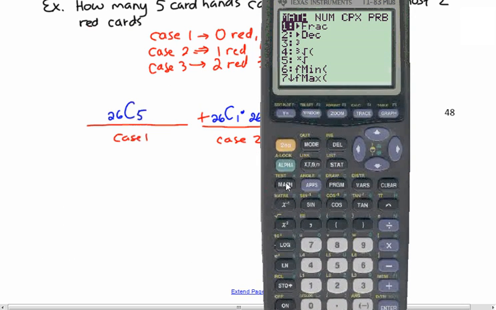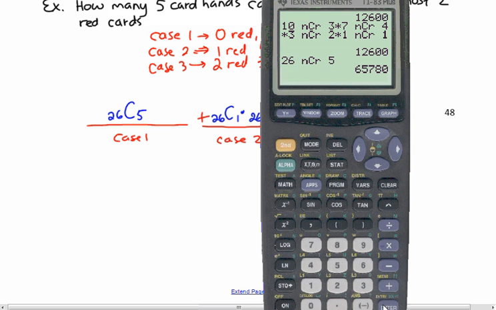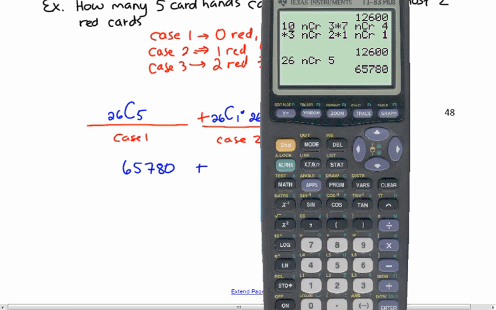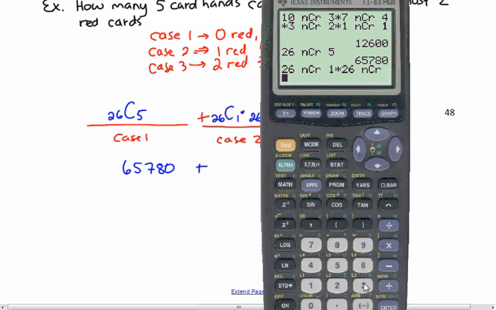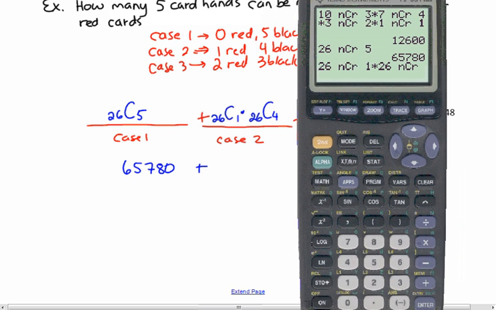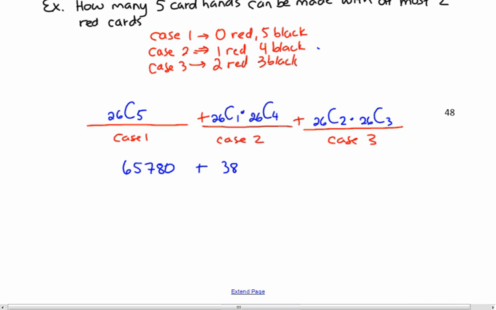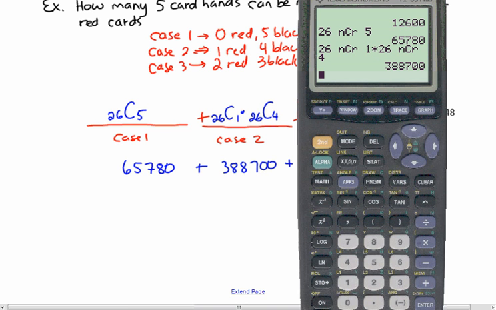26, math, choose 5, 65,780 for case 1, plus 26 choose 1 times 26 choose 4, 388,700, and then 2 red.